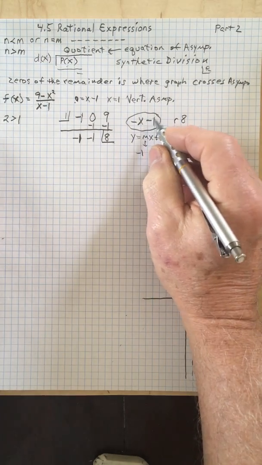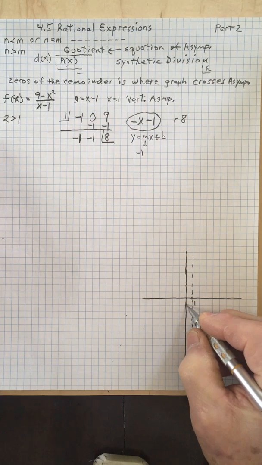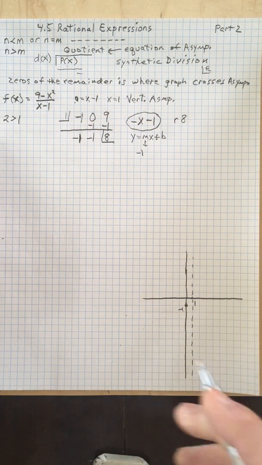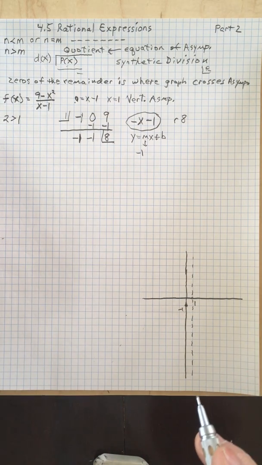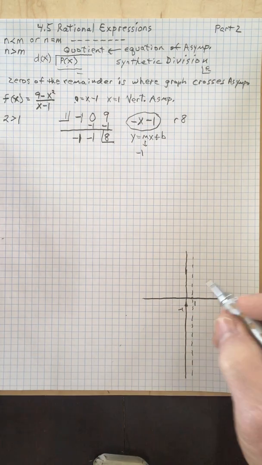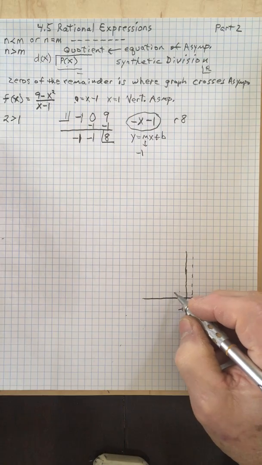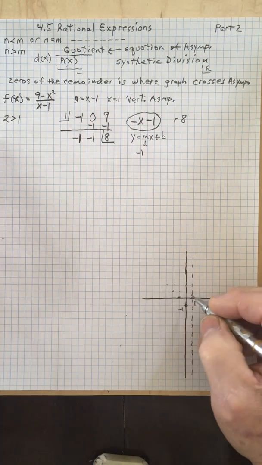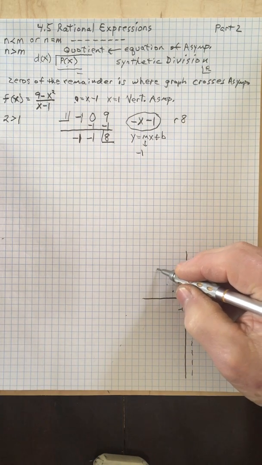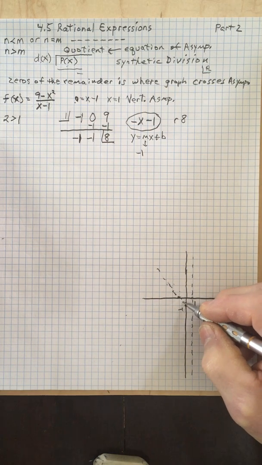And the y-intercept is at minus 1. So if I go to my graph here and I go to minus 1, and then I have a slope of minus 1, that means I'm going to go up 1 to the left 1 or down 1 to the right 1. It's going to go like this, and so on. So I can sketch that. So here's my asymptote.